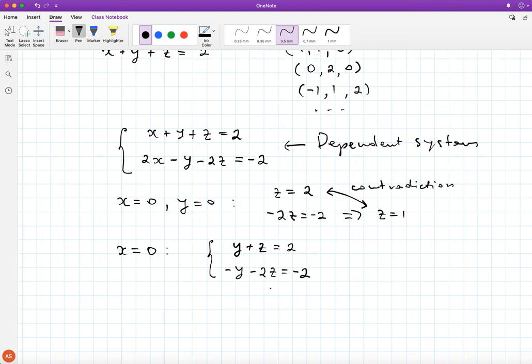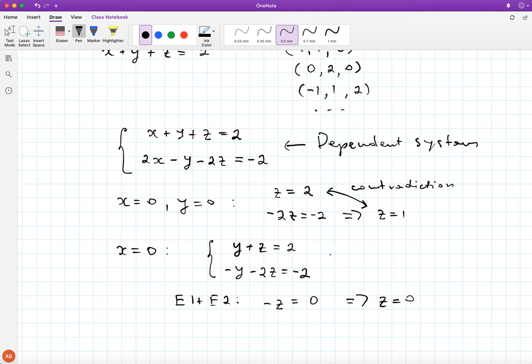Now, this is a system of 2 linear equations with 2 unknowns y and z, and we can try to solve it. Adding these 2 equations together, we will eliminate the y variable to obtain negative z equals 0, and therefore z must equal 0.